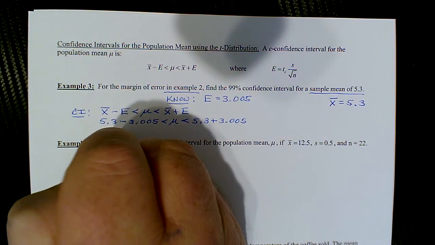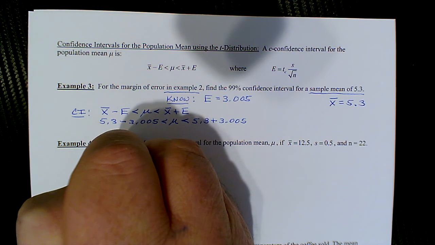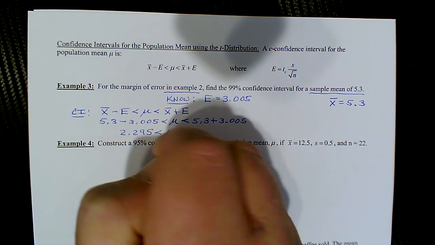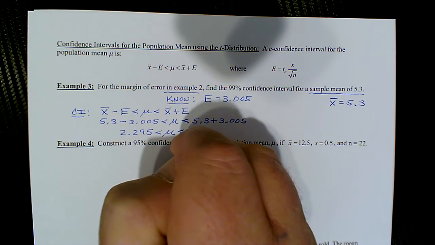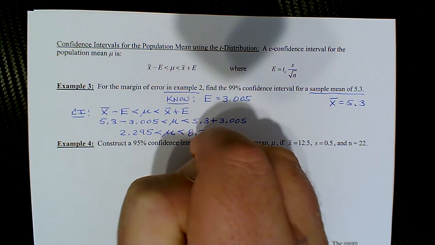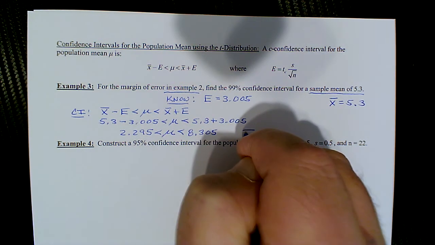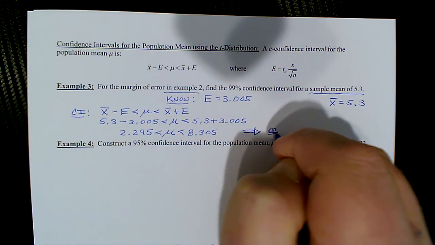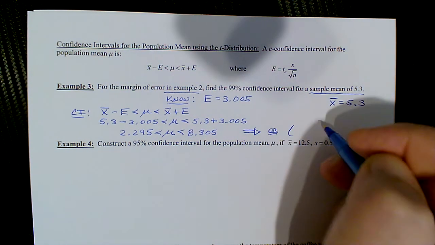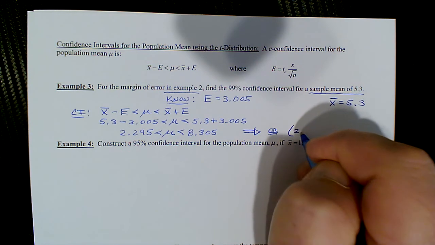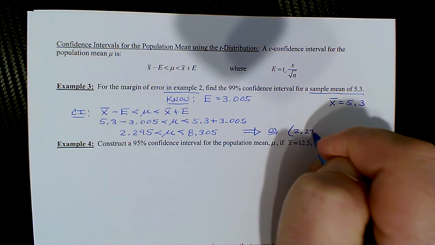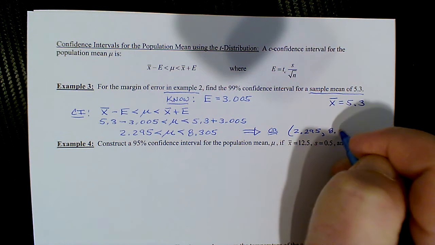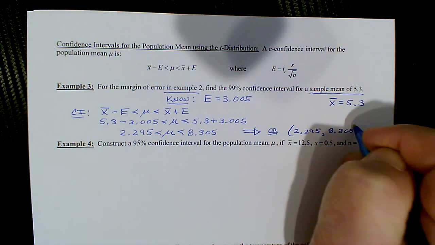So it looks like we get 2.295 is less than mu, which is less than the right endpoint 8.305. Or, as we've done in the past, if you like interval notation, left endpoint enclosed in parentheses, separated by a comma from the right endpoint, and close the parenthesis.